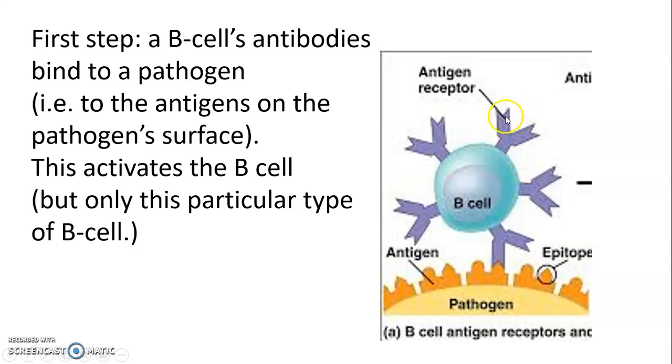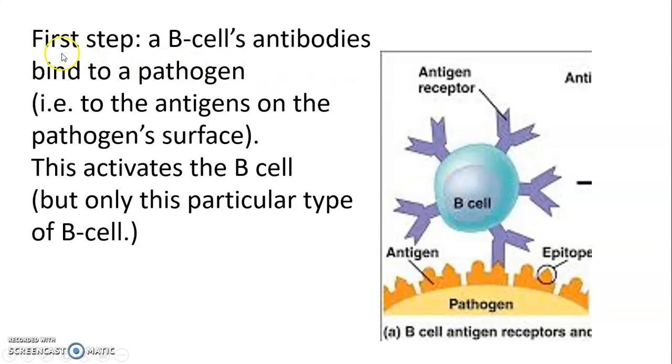Each antibody has an antigen receptor, has 2 antigen receptors. And look what these antigen receptors can do. They can bind. Here it shows that specifically it's binding to the antigen, but obviously when it's bound to the antigen, it is now bound to the entire pathogen. That's why there's an ambiguity in the term. And it's specific. This guy cannot bind with many, many, many pathogens. It can bind with this pathogen.